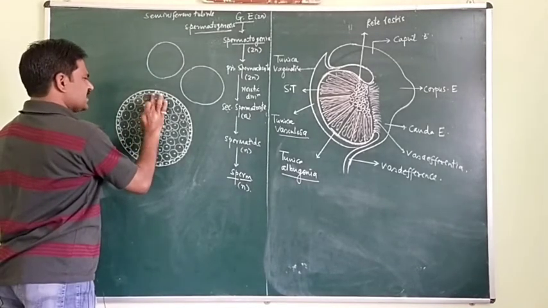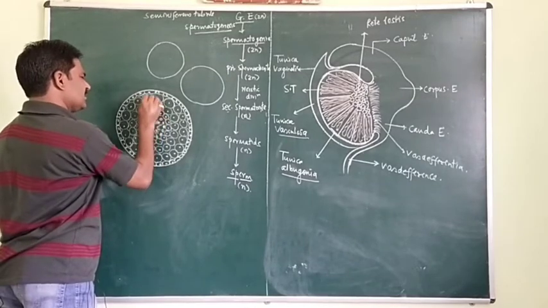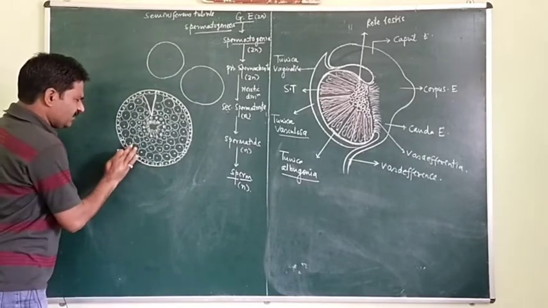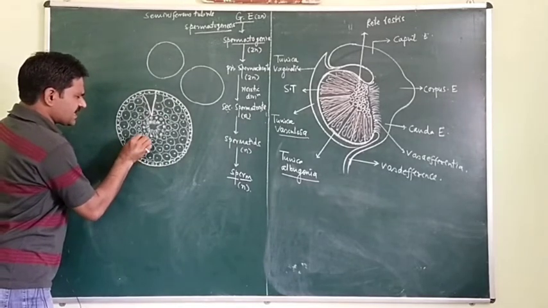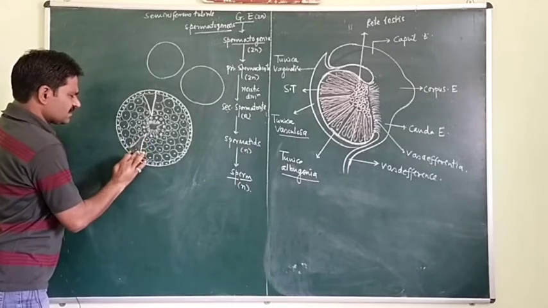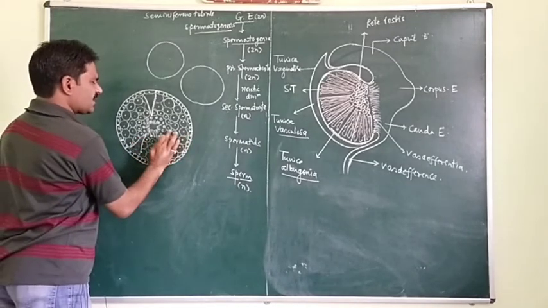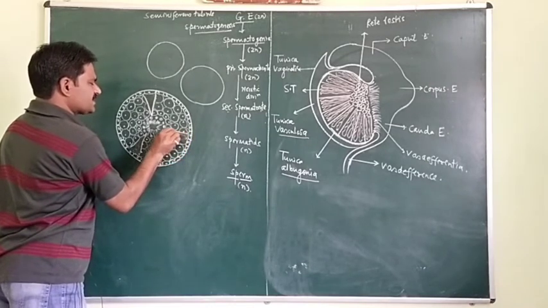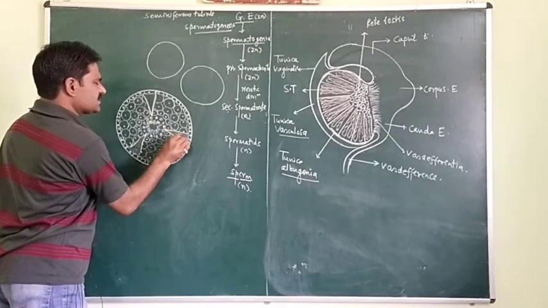In the seminiferous tubules, there are triangular cells. The triangular cells are called Sertoli cells. These are the Sertoli cells.